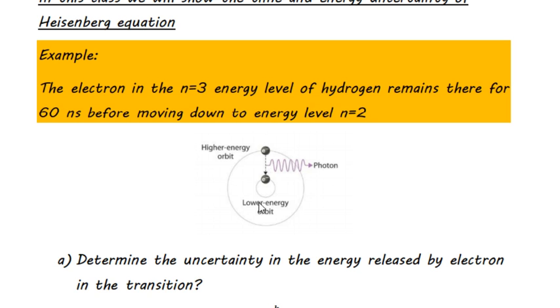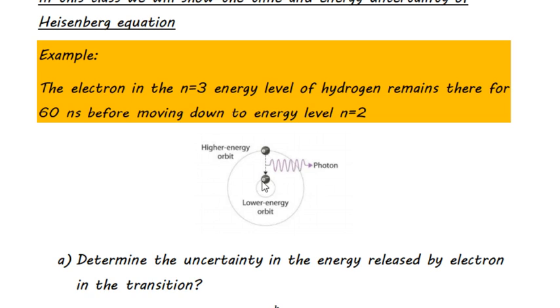So in this example, this is the figure: if we have an electron placed in a higher energy orbit and it goes down to lower energy orbits, the amount of the energy difference from the higher to the lower will be emitted as light or a photon, and this photon will be carrying this energy difference.